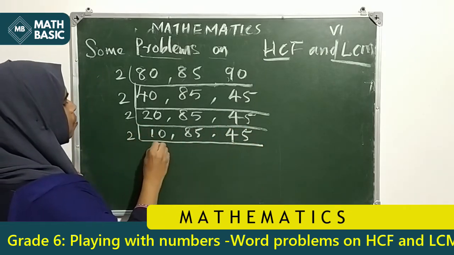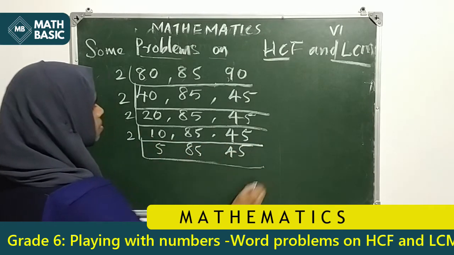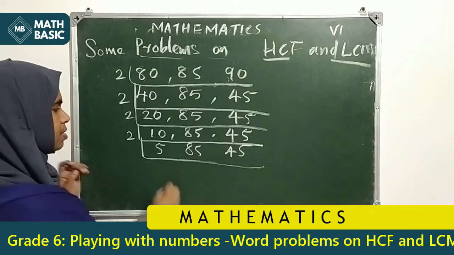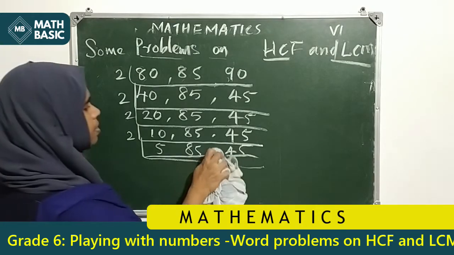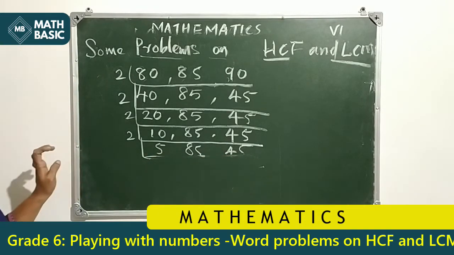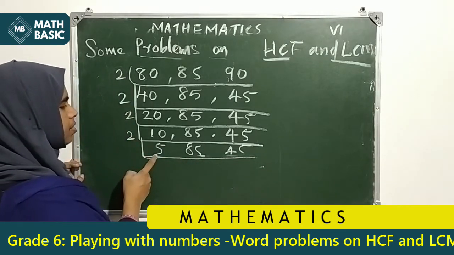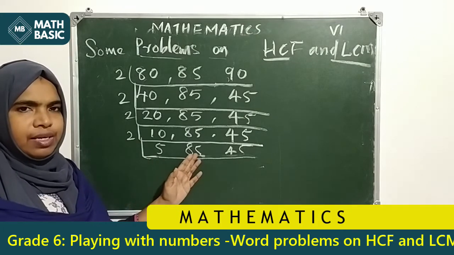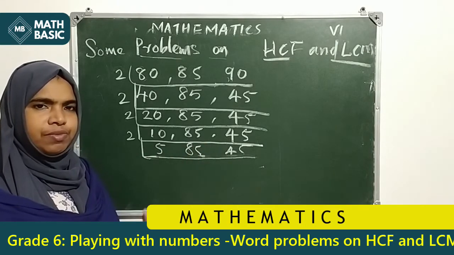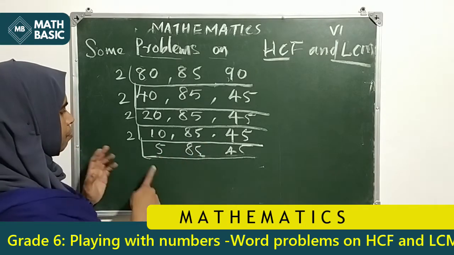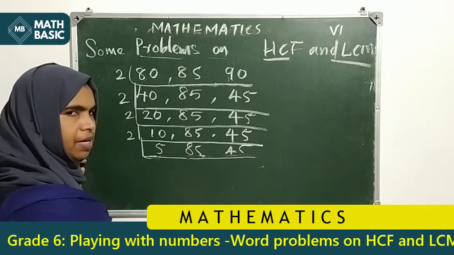Again 2: 5, 85 and 45. These three numbers are odd. Then check by 3: can 5, 85, 45 divide by 3 or not? 5 cannot, 85 can't, 45 can.